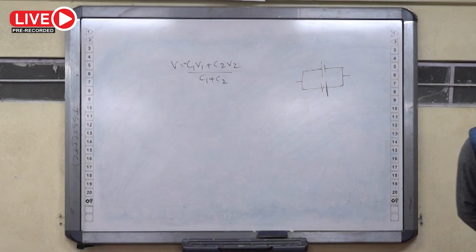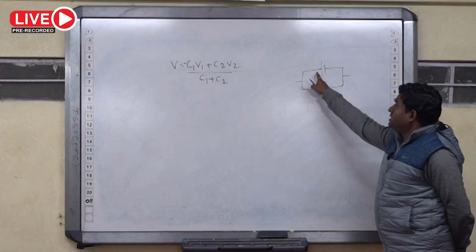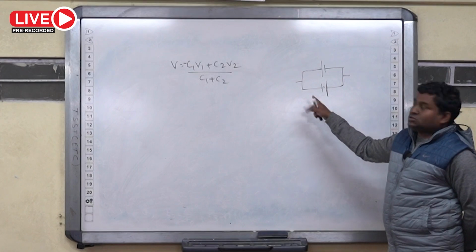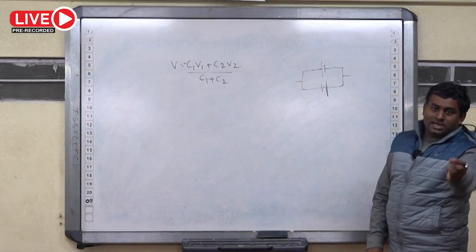This one will become minus because its polarity is opposite, because it is given that the positive terminal of each plate is connected with the negative terminal of the other. Because if you consider that in a normal way, then two positive terminals are connected, two negative terminals are connected. So here one is in this way, another is in the opposite direction.